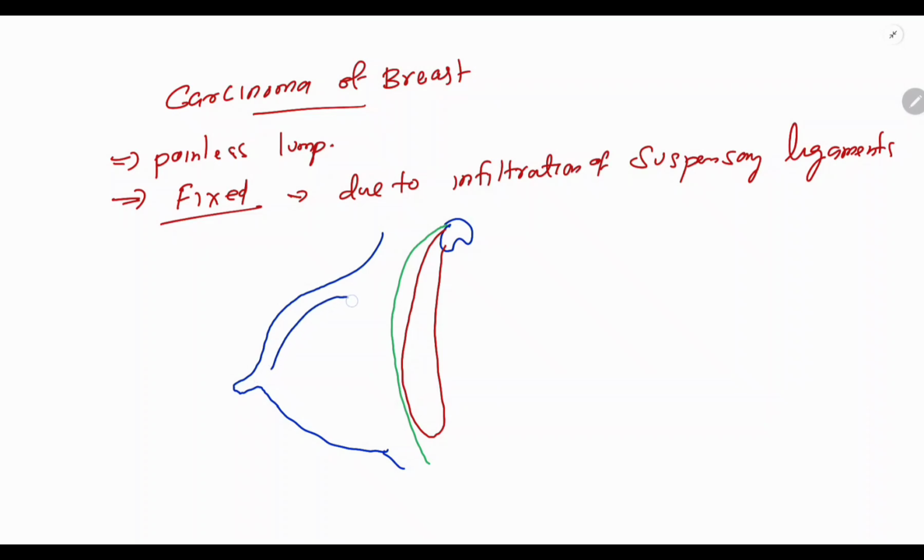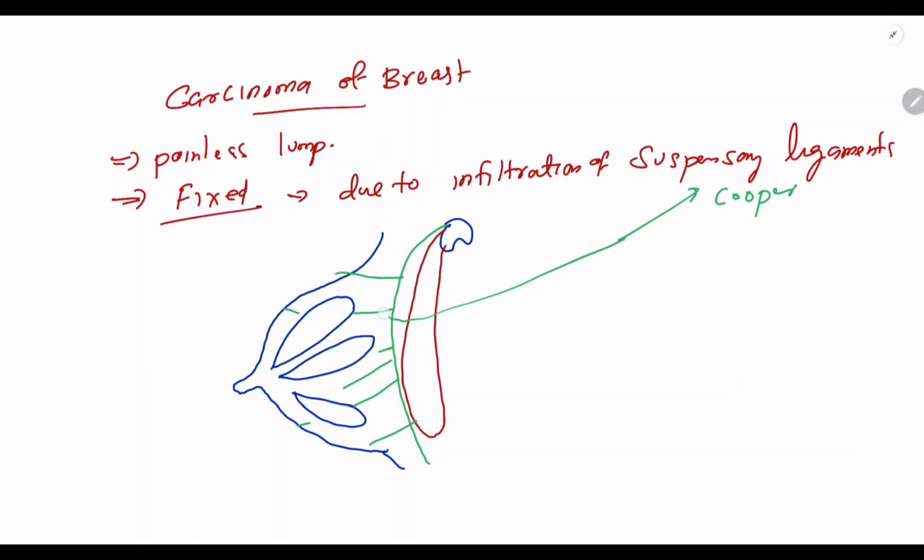So many glands are there. From the deep fascia there arise some ligaments, and these ligaments are known as the suspensory ligaments of Cooper. These suspensory ligaments anchor the breast to the deep pectoral fascia. This is the pectoral fascia.